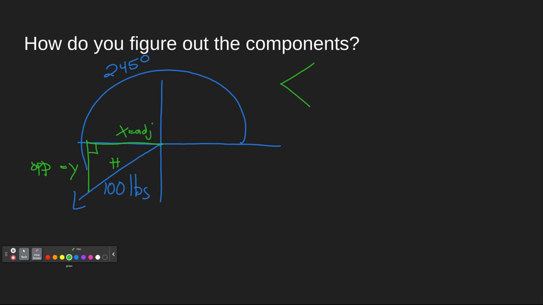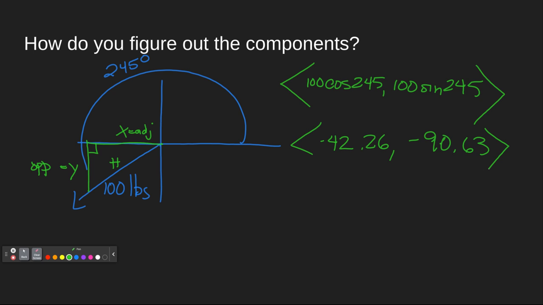If you wanted to break that vector into its components, it would be 100 times cosine of 245 and 100 times the sine of 245. So you always do the magnitude of your force times your direction angle from your standard position. Let's fill that in. When you throw that in your calculator, make sure it's in degrees.